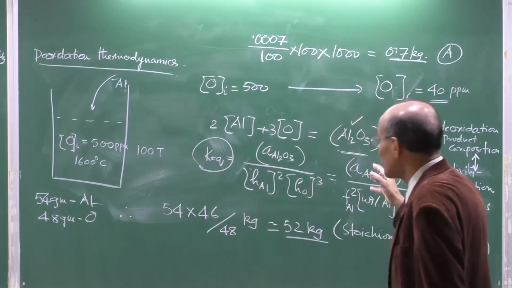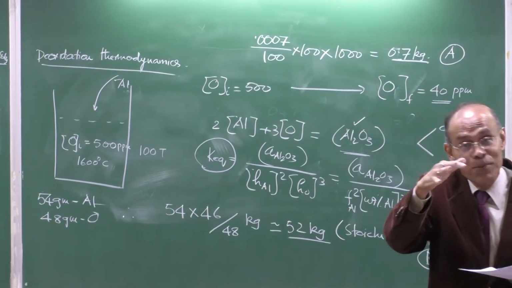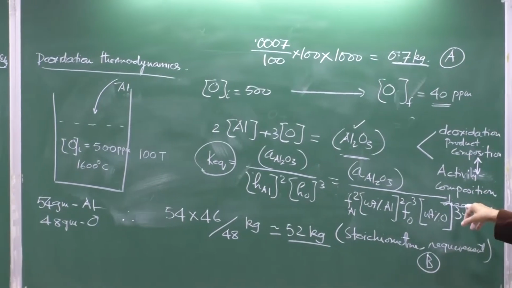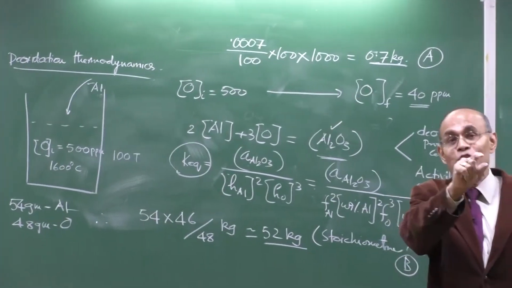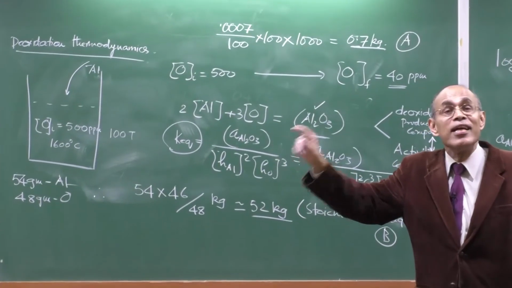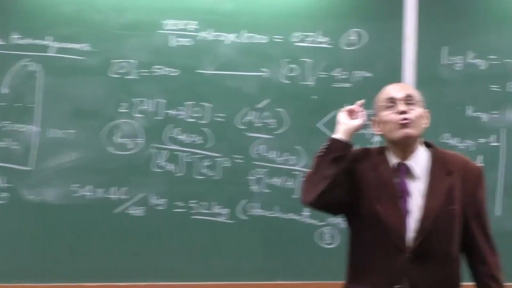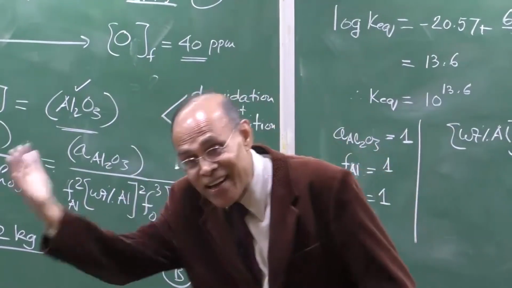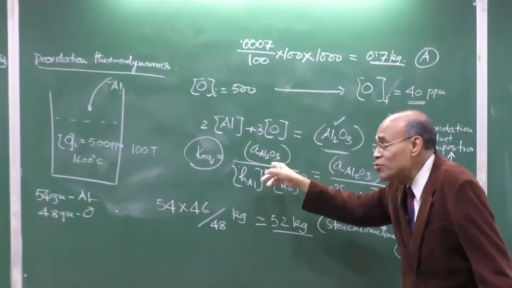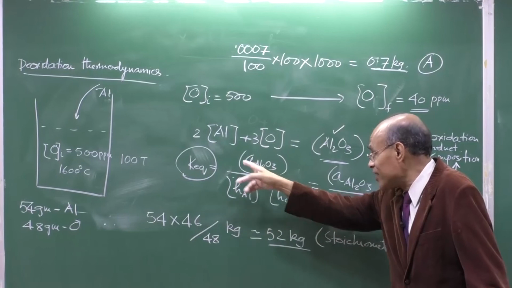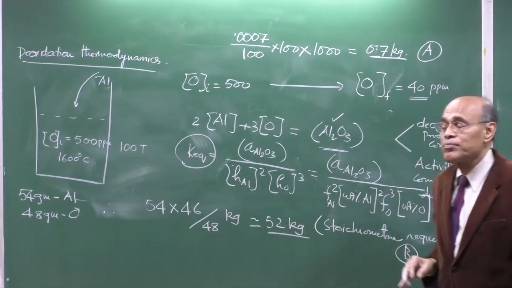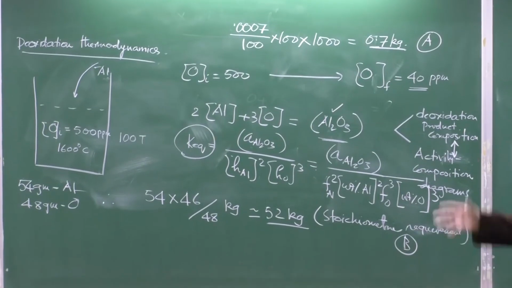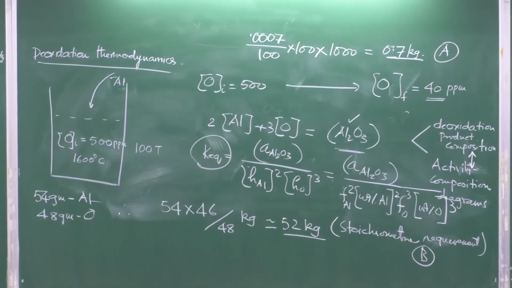There also you will have an equilibrium and an activity composition diagram given, where the various activities of the two different phases are mentioned as a function of the composition of the deoxidation product, and that diagram is to be used and applied in the deoxidation calculation, particularly when you use the activity of the constituents which form the deoxidation product itself.